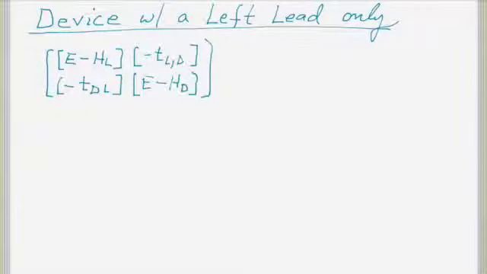So that's the structure of the matrix, and this is going to be acting on the overall Green function. I'll write out all the terms. We've only been focusing on the device part, but you'd have a Green function of the lead only. You'd have a Green function that takes you from the device to the lead.